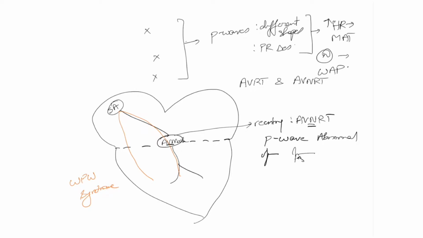So the way you would think about WPW is that the impulse initially travels from the SA node to the ventricles through this point, but then the conduction system is not as efficient. So initially, you would see this P wave, and then the PR interval is lower. So the PR interval is lower because it doesn't have to go through the AV node where it's slowed down.